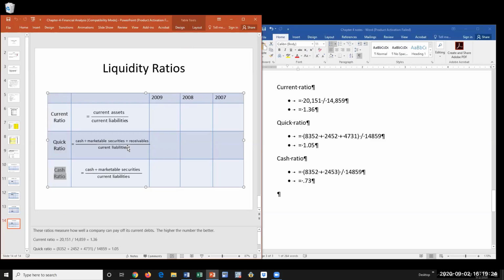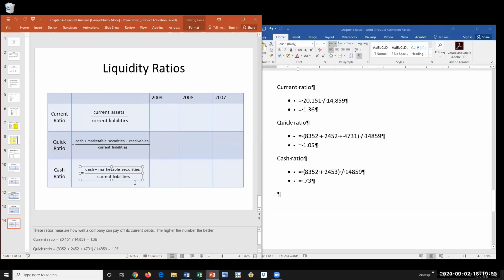Now, companies are supposed to write those off as a loss, which would hurt their net income. But sometimes companies don't like to do that because they don't want to show a loss or negative income. And banks know this. So banks say, okay, I'm only going to look at your cash and your marketable securities. Let's compare that to current liabilities.